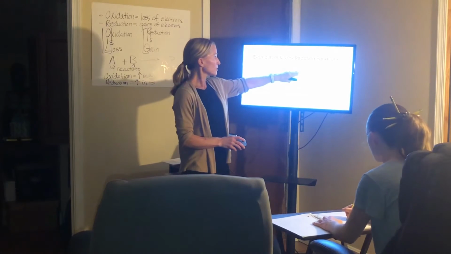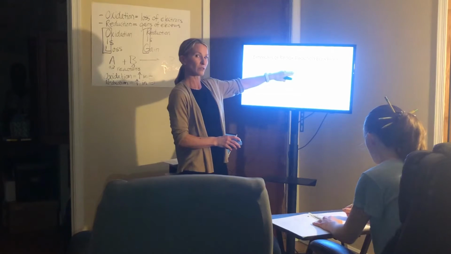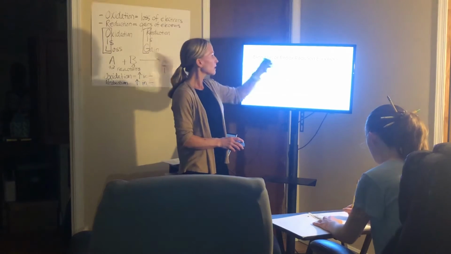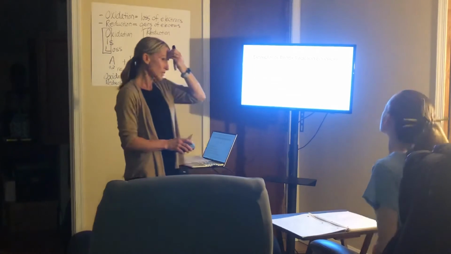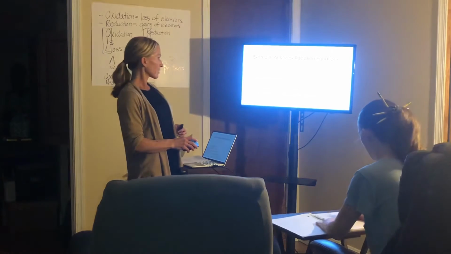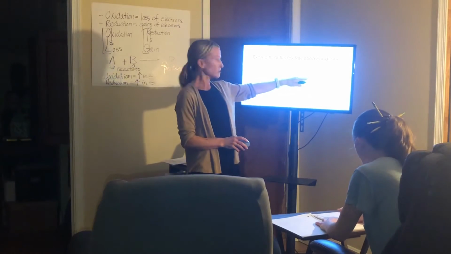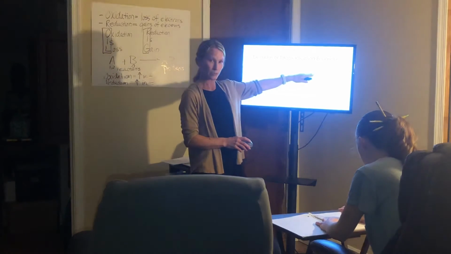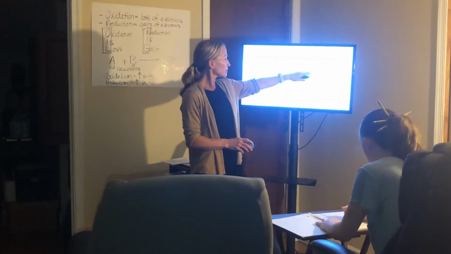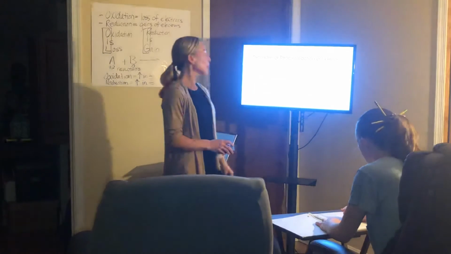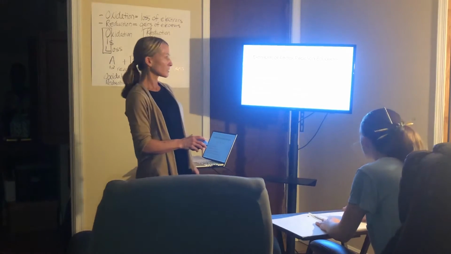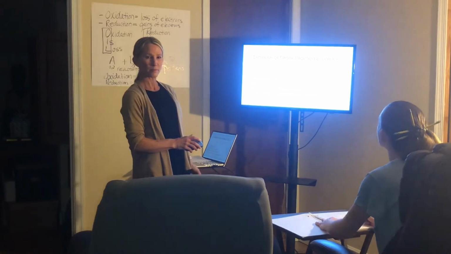So elemental oxygen, which is a diatomic element, its oxidation state is 0. Okay, so look what happens to each of these oxidation states when rust is formed. When iron(III) oxide is formed, what happens to those oxidation states?